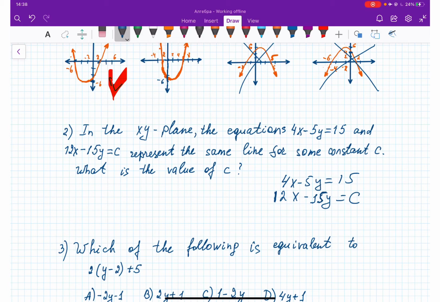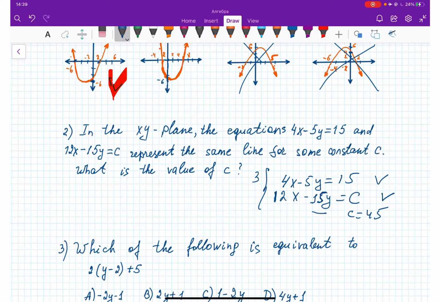4x minus 5y equal 15. So if I multiply this by 3, I will get 12x minus 15y, right? 4 times 3 is 12. 5 times 3 is 15. That means c is going to be 15 times 3. It's going to be 45. So this equation is 3 times greater than this one.